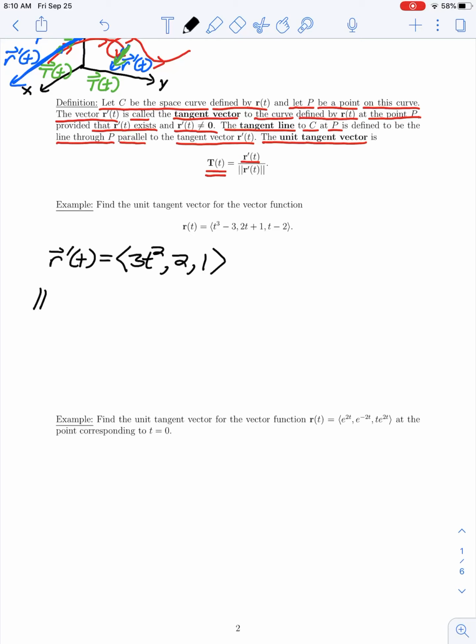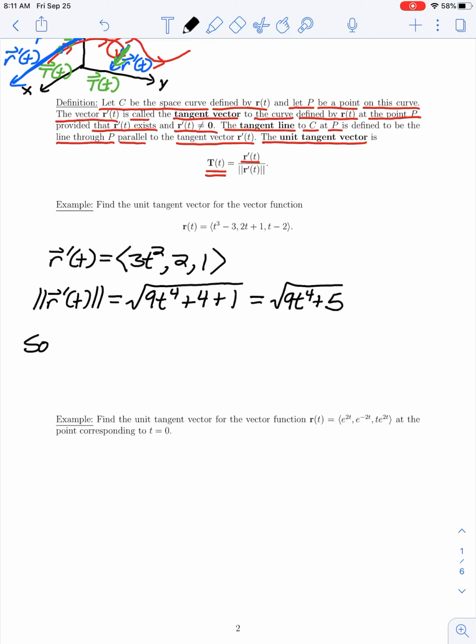So looking at the magnitude of r prime of t, we would have the square root of 3t squared quantity squared, which would give us 9t to the 4th, plus 2 squared, which is 4, plus 1 squared is 1. So simplifying a little bit, the magnitude of this vector is the square root of 9t to the 4th plus 5.